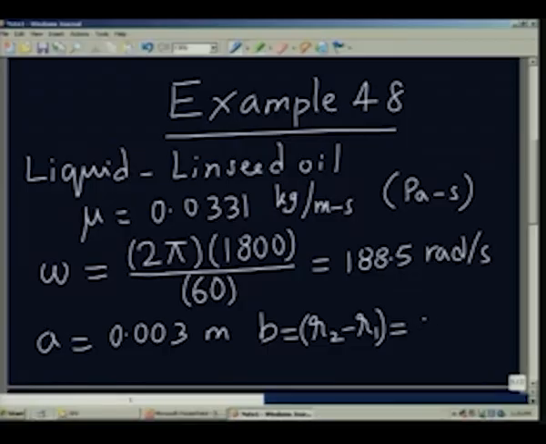So, this will be 1 millimeter, which becomes 0.001 meter. This is 0.038 minus 0.037, equal to that quantity, and the length of the apparatus is given as 100 millimeters or 0.1 meter.